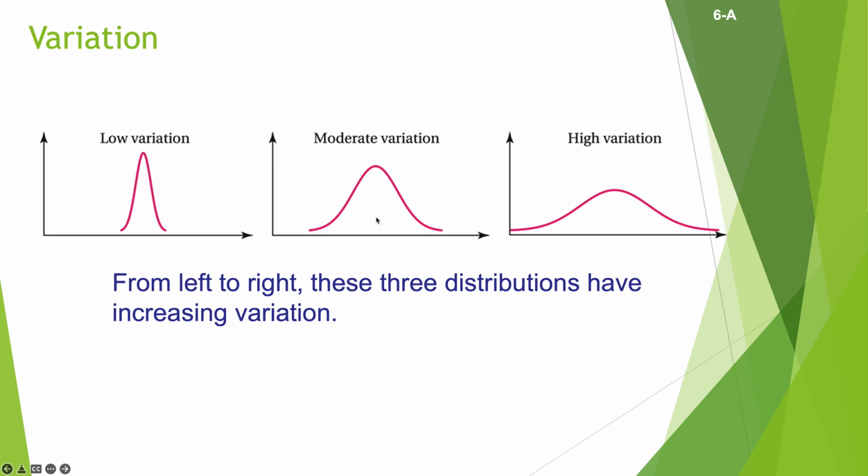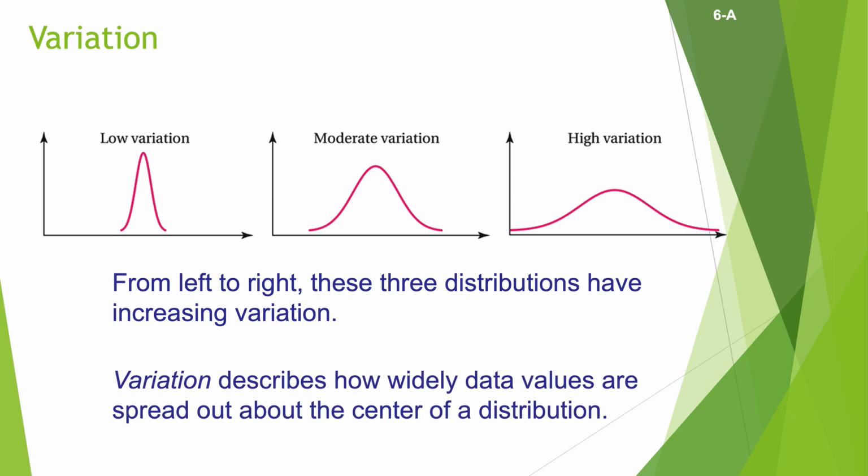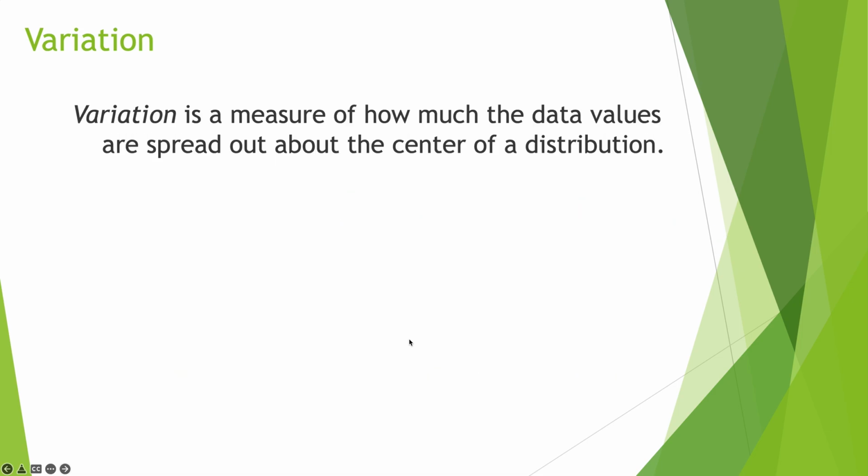Moderate means it kind of looks normal, and high variation means, whoa, it's really, really spread out, okay? From left to right, they're increasing in their variation, and variation describes how widely the data values are spread out around the center of a distribution. Variation is a measure of how much the data values are spread out. That's what variation is. It varies.